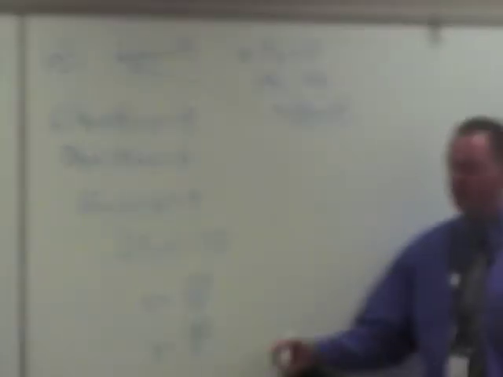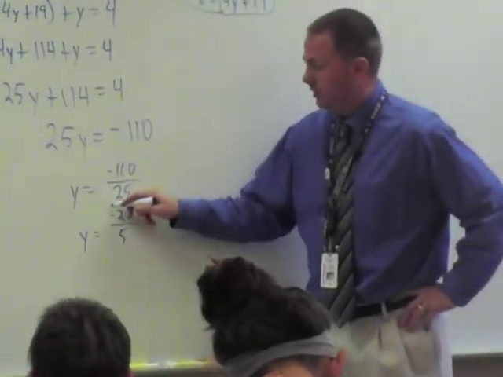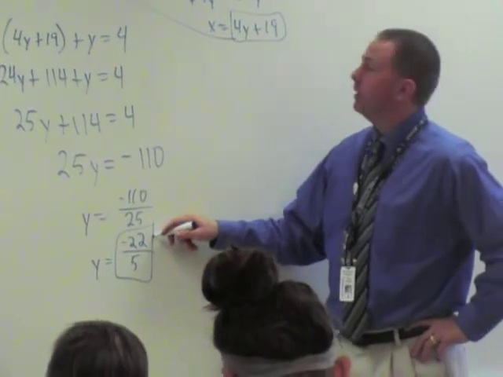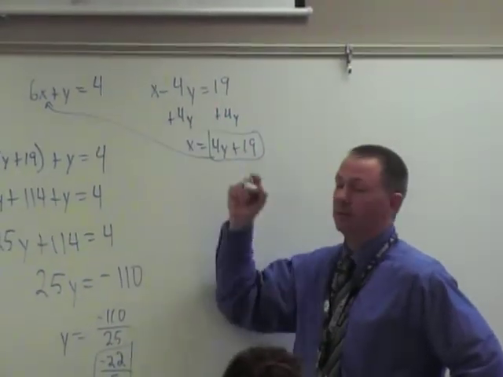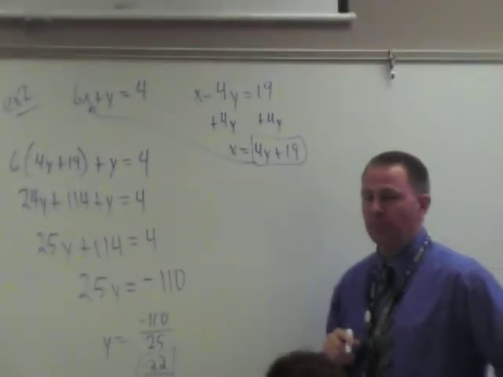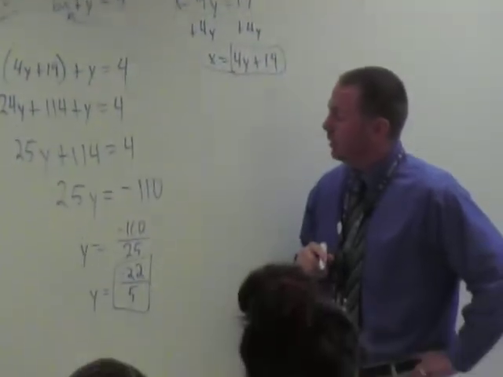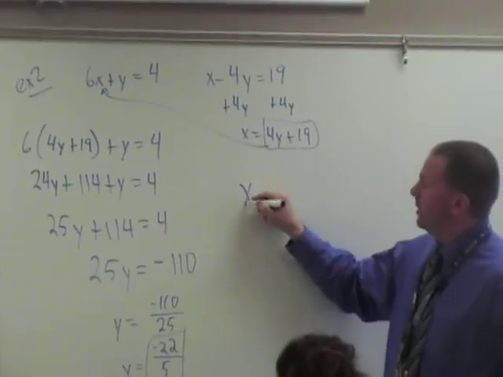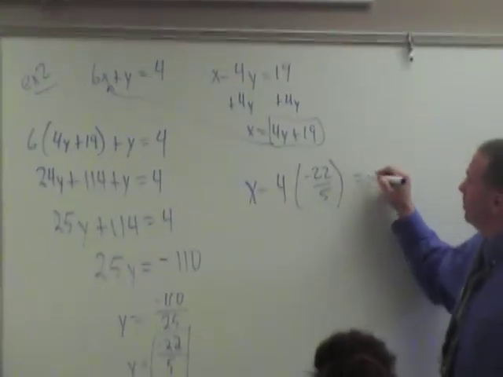And to get x then, Steph, to get x, you take the value of y and you plug it into one of the original equations. Can you do that part? Yeah. Okay. It'd be easier. So, x minus 4 times -22 over 5 equals 19.